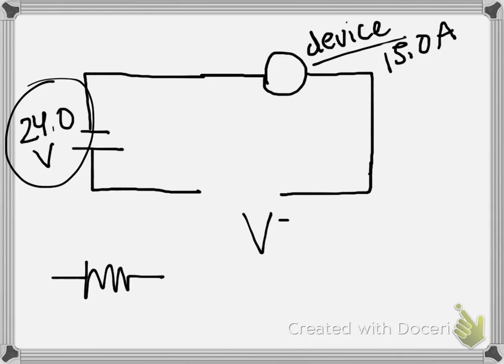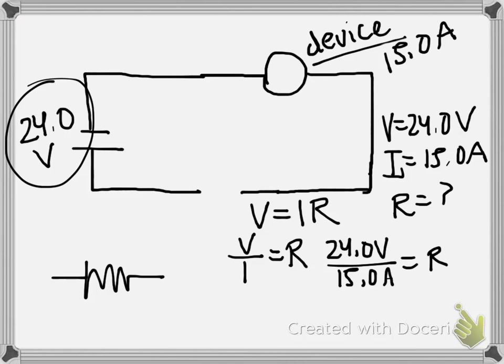Again, we turn to V is equal to IR. So we rearrange to get V over I equals R and take 24 volts divided by 15 amps to get a resistance of 1.6 ohms. We need a 1.6 ohm resistor wired into this circuit to ensure that the device in question gets the 15 amps it needs to operate properly.